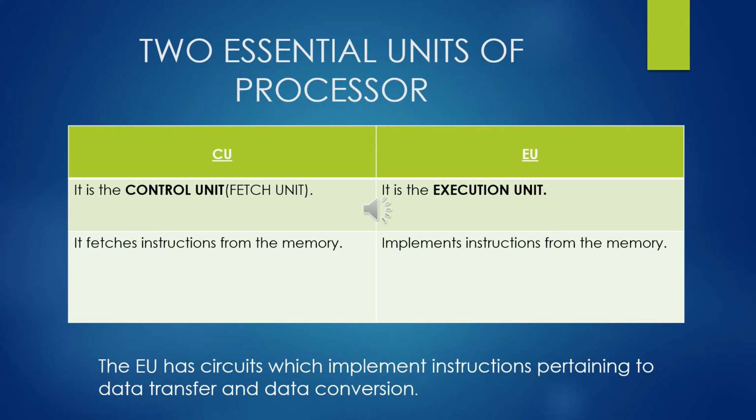The CPU is the control unit, or it is also known as the fetching unit. It fetches instructions from the memory, and the EU is the execution unit which implements instructions from the memory. The EU has circuits which implement instructions pertaining to data transfer and data conversion.